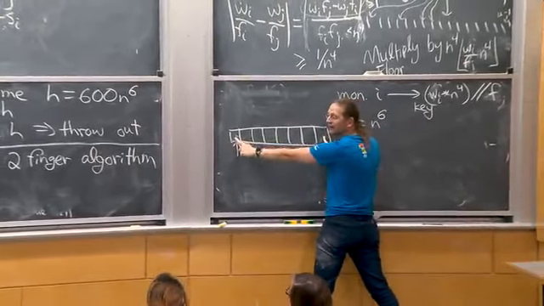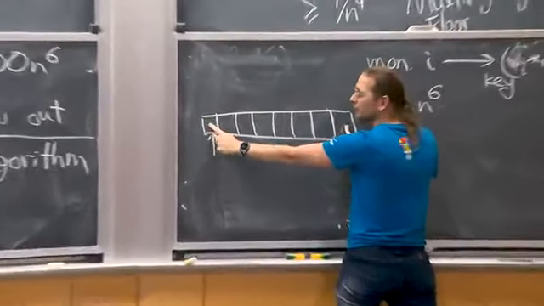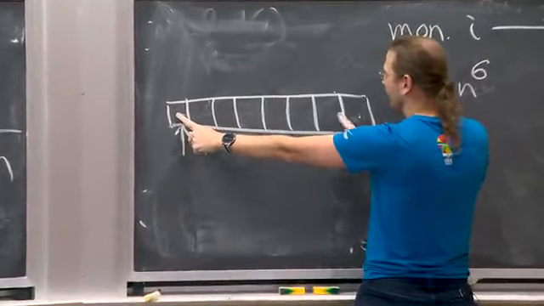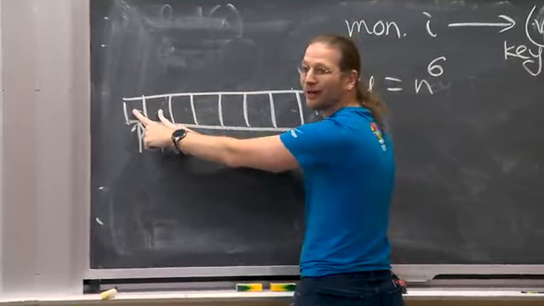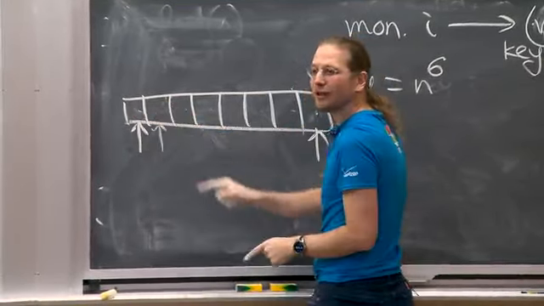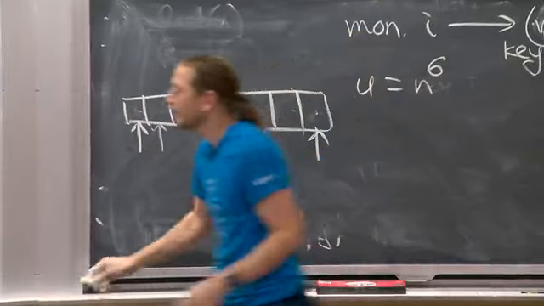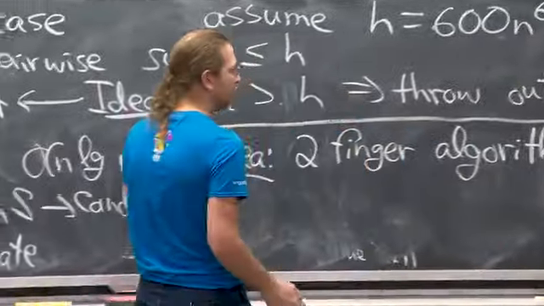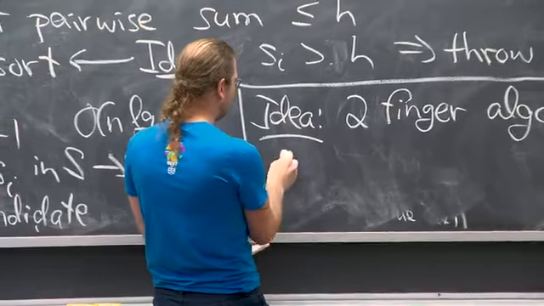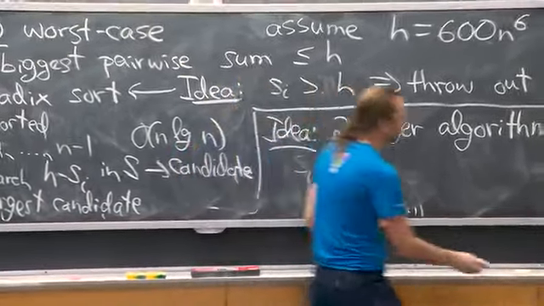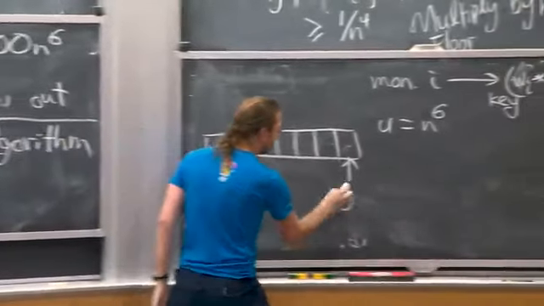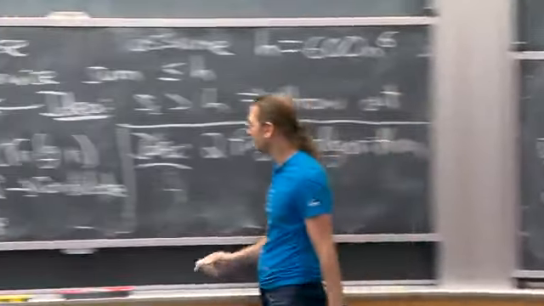This seems like a good candidate to start with. Now, what else could this add with? Well, maybe smaller items. And maybe I have to go all the way through here, and then I've got to advance my left finger. Yeah, OK. So here's the idea. So I'm going to call this finger I, this finger J. So we want to sum two things.